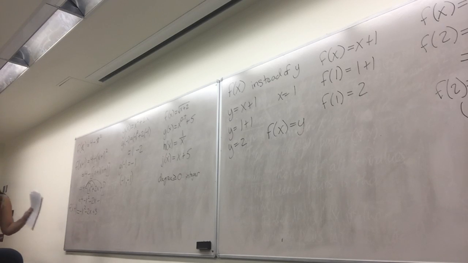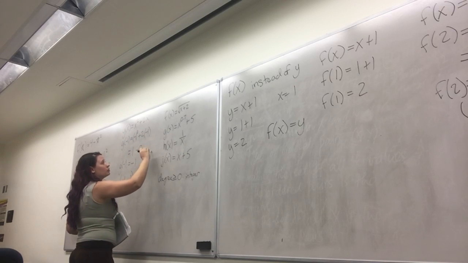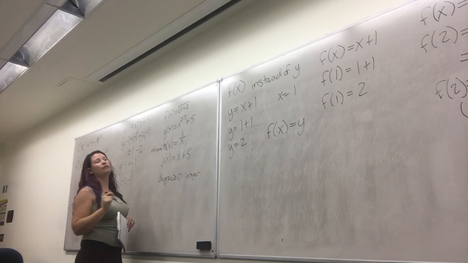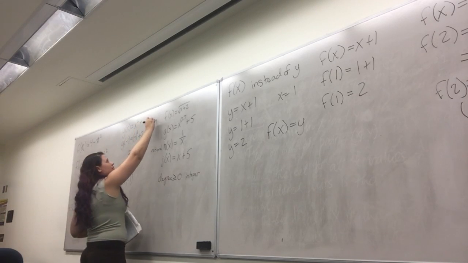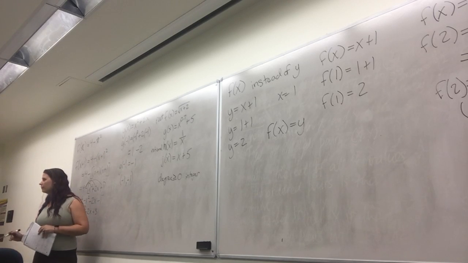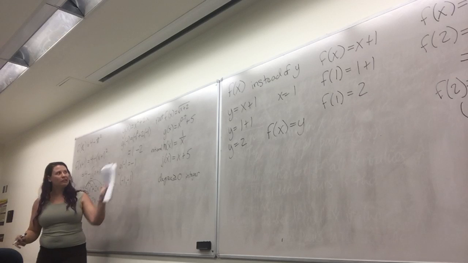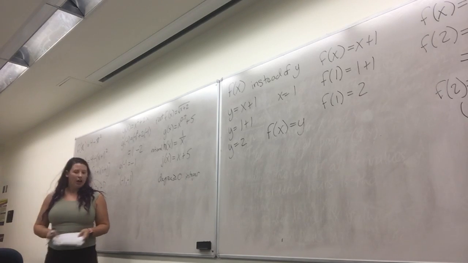Everybody good? You said the last two, what was the h of x? This is rational. So the first two are not possible. This is a root function. Technically, that could be rooted, but we're not going to get into that.